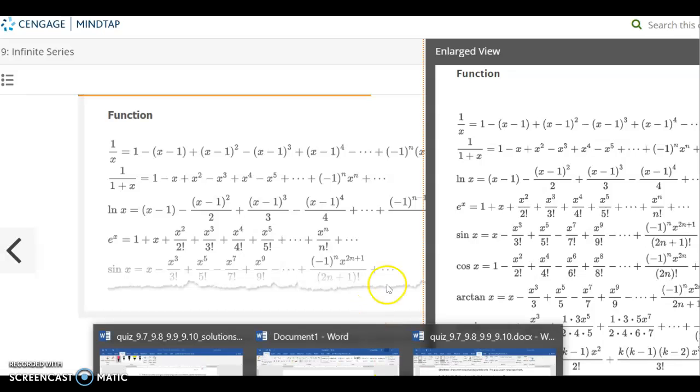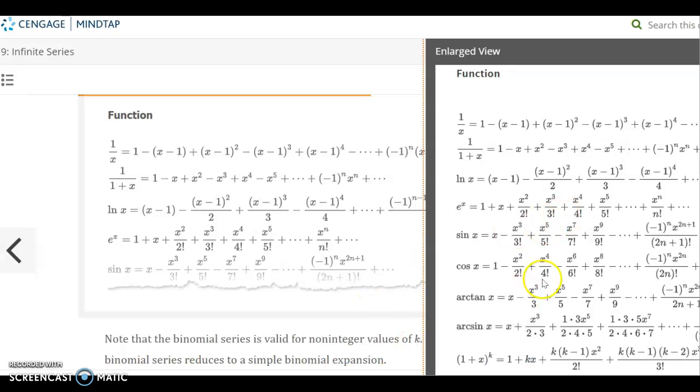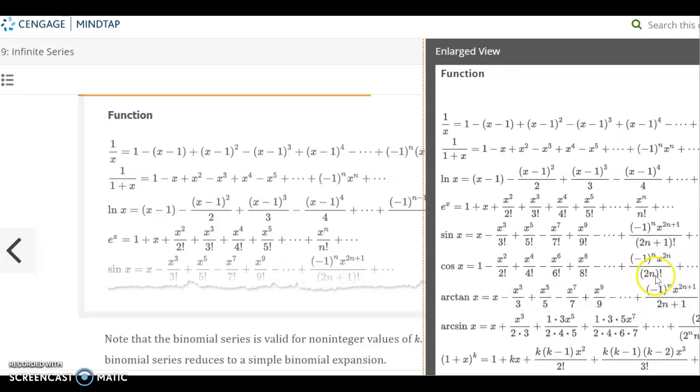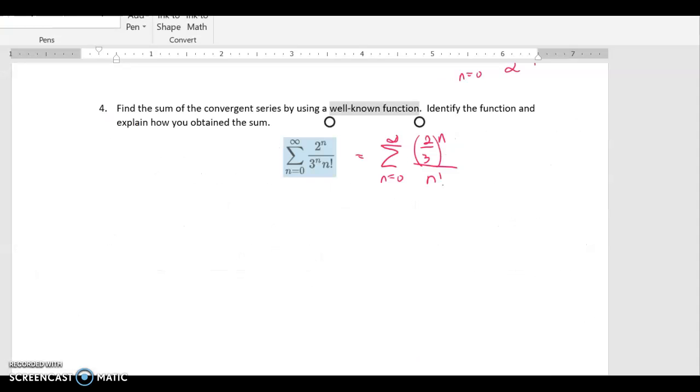So I guess the question is, what would my other options be? If you don't see that, what else do you have? Well, here are your formulas, right? 2n factorial for cosine, 2n plus 1 for sine. Looking at the denominator, I think it's a pretty straightforward option in terms of our well-known functions. The problem is if you miss it, then there's nowhere to really go with it, right?